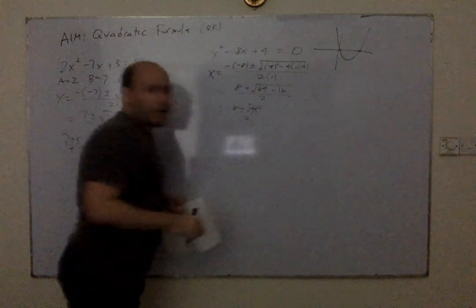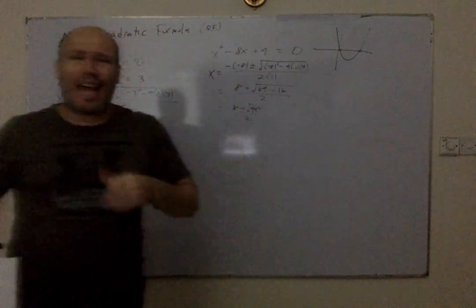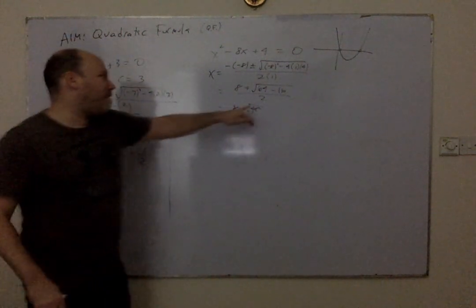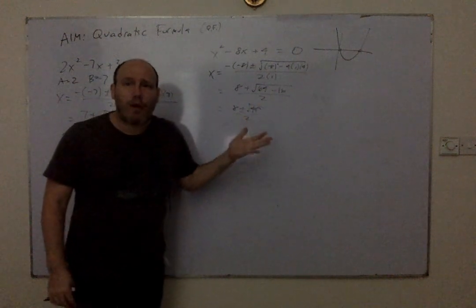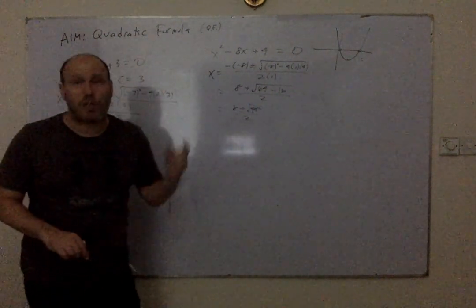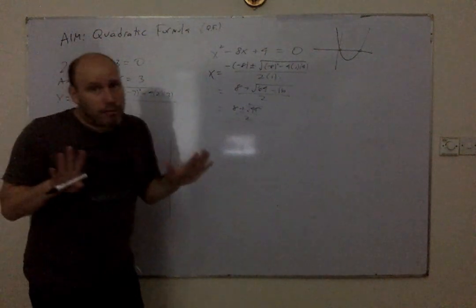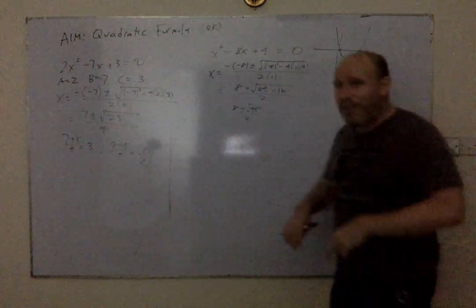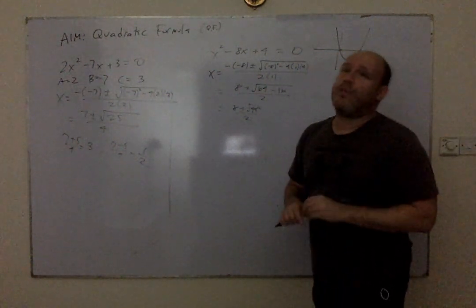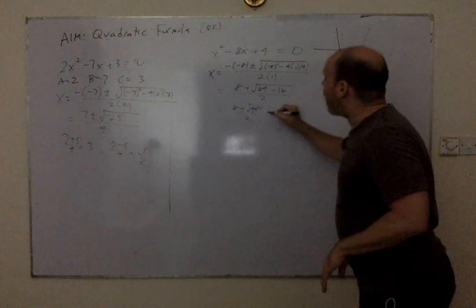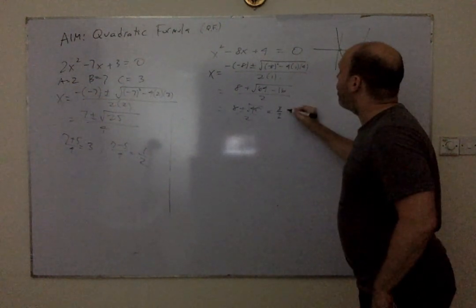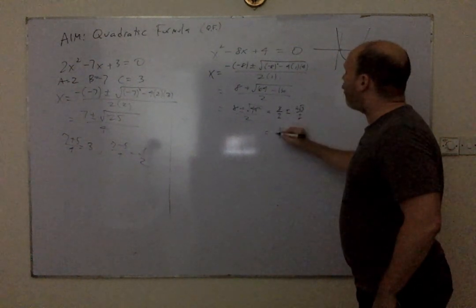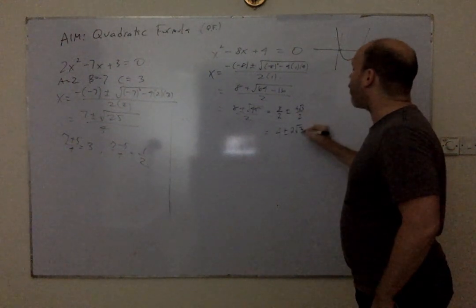Now, the reason I did that radical thing is, if you said something like SAT 2 or another, they might expect you to simplify this. So you're looking at this, you're like, well, 48 is not a perfect square the way in the last two examples we got a nice number under that radical. That's okay, because we can deal with radicals. If you recall from the original lesson, the first thing I did, radical 48 was 4 radical 3. So we would write this as 8 over 2 plus or minus 4 radical 3 over 2. Final answer, 4 plus or minus 2 radical 3.